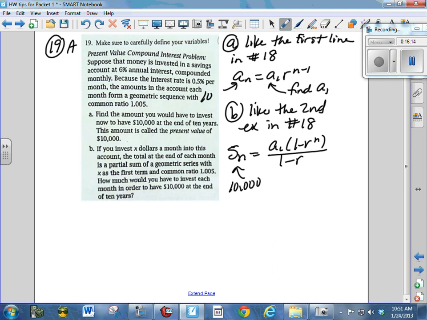Here's my 10,000, and I'm trying to find a sub 1 again. Now, it would make sense that if I only put in one amount at the beginning and I never put any more, I'd have to put in more in part A to get to 10,000 at the end of 10 years than I would for B, because in B I'm adding that amount every month, so it'll be a much smaller amount. Okay, so that's what you're looking at in number 19.